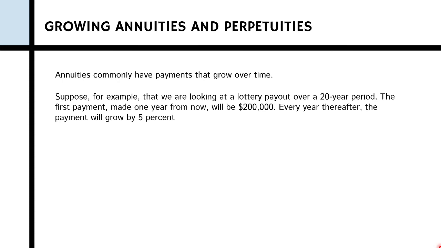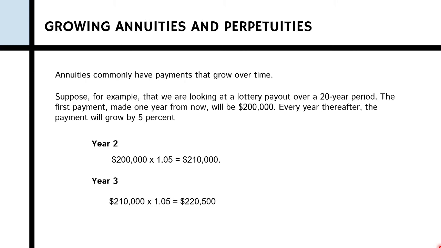So moving on to the next, the growing annuities and perpetuities. Annuities commonly have payments that grow over time. Suppose, for example, that we are looking at a lottery payout over a 20-year period. The first payment made 1 year from now will be $200,000. Every year thereafter, the payment will grow by 5%, so the payment in the second year will be $200,000 times 1.05, which is equal to $210,000.